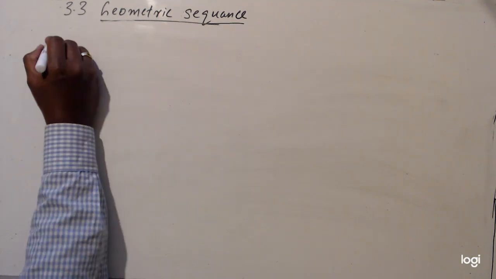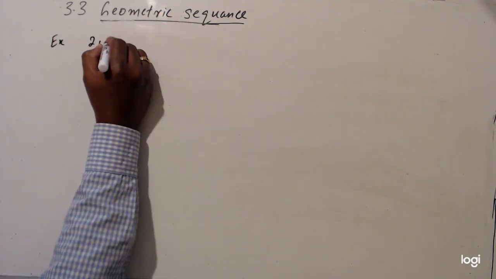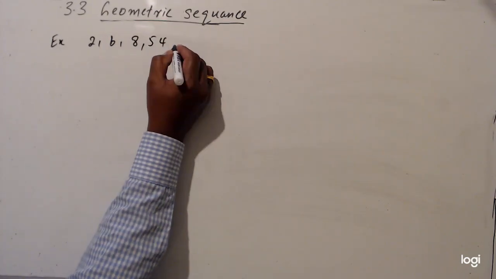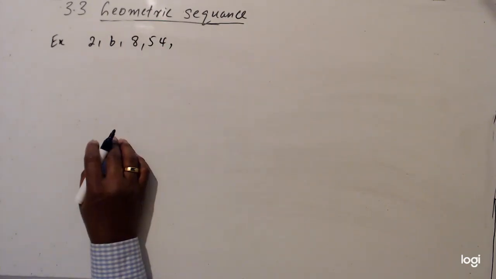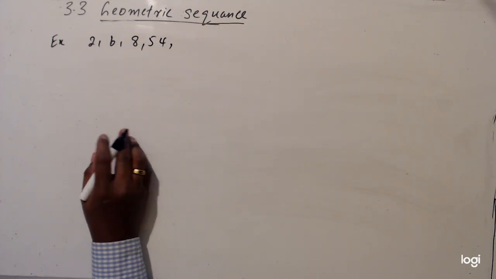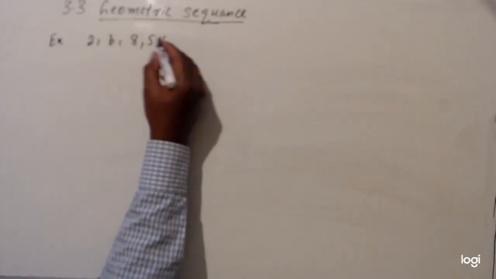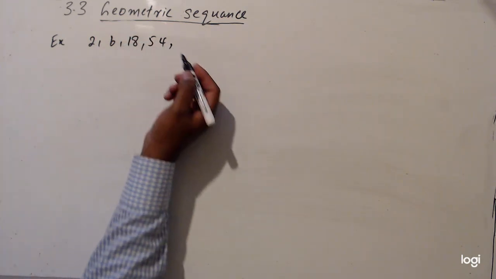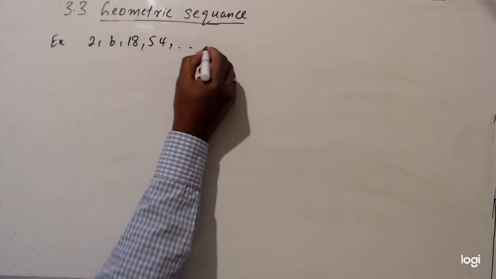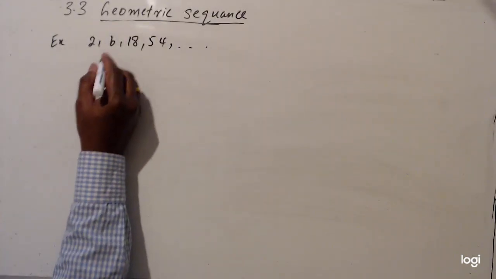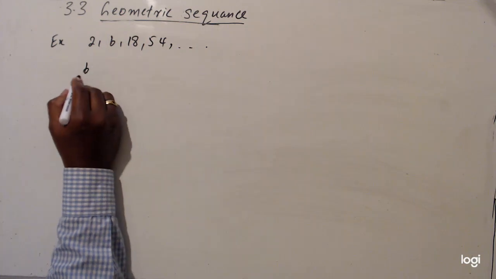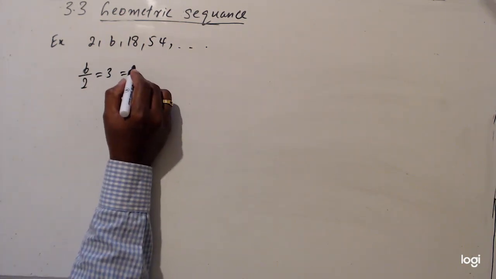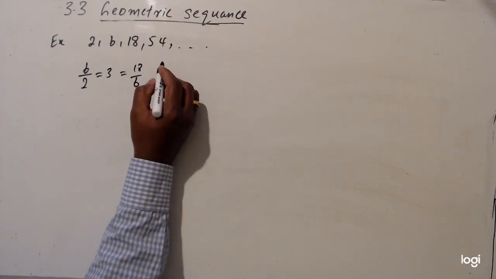Let's discuss another example. 2, 6, 18, 54. So we'll check whether this is a geometric sequence. Any term divided by the previous term, 18 divided by 6, equals 3.